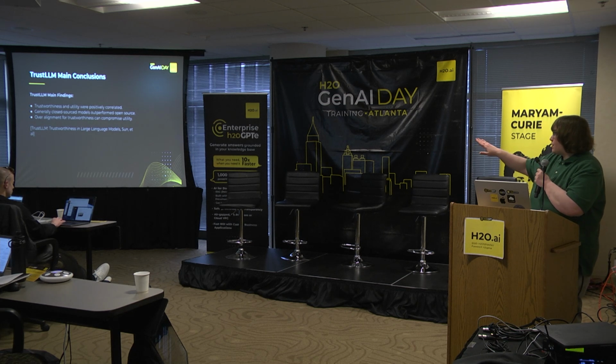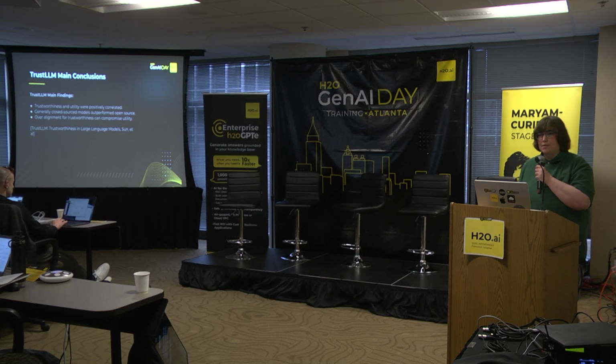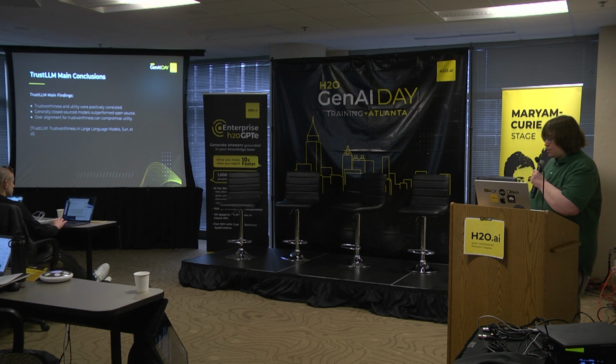Though they did also find that models that were over-aligned for trustworthiness were possibly more difficult to use because they were maybe over-identifying problematic situations and refusing to respond to reasonable requests.